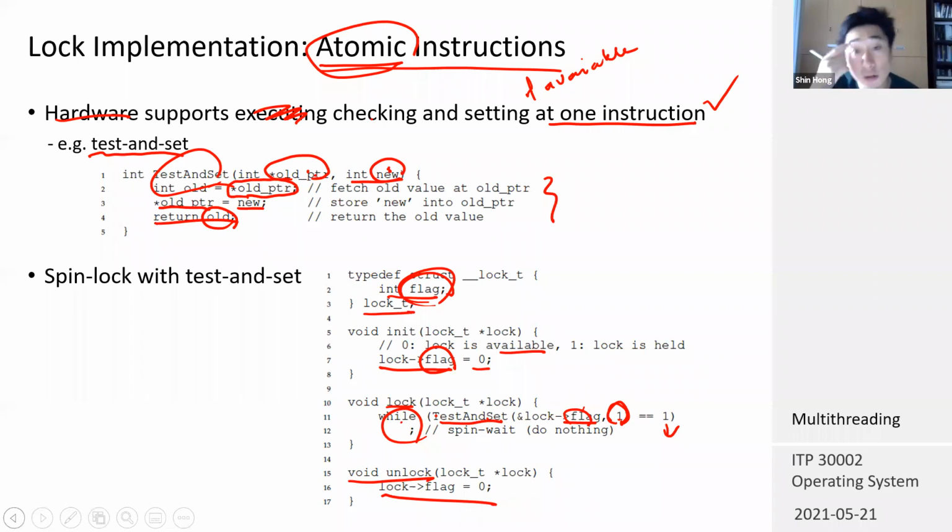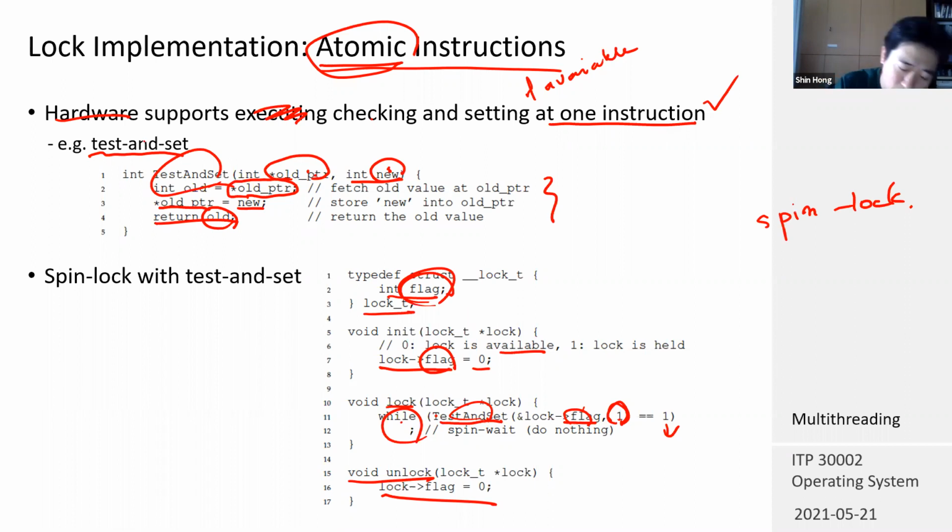Do you have any questions so far? This type of lock operation is often called a spin lock. We say that this library implements the spin lock with an atomic instruction. Atomic instruction here means test and set. The famous atomic instruction is test and set, and a very similar yet different instruction is called compare and swap.